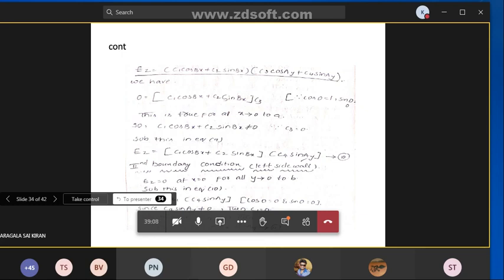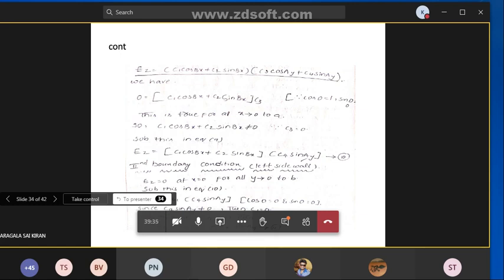C2 C4 sin Bx and sin Ay. In the first boundary condition, C3 becomes 0.